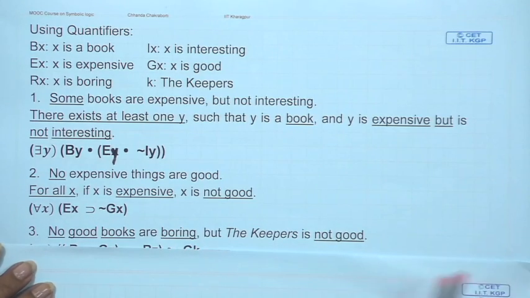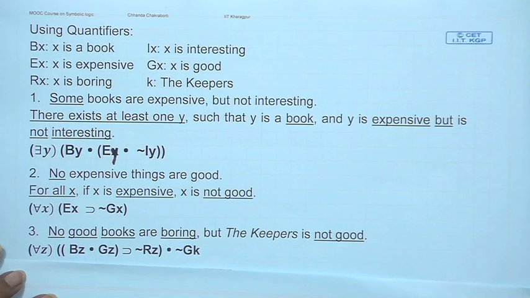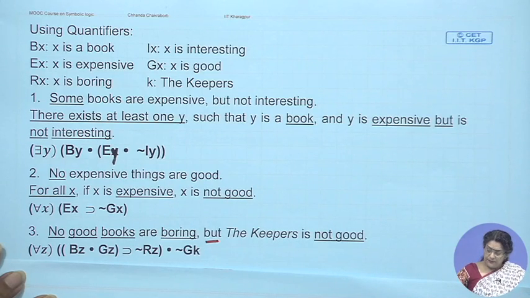Let us do the third one. No good books are boring, but the keepers is not good. Okay. So, no good books are boring, but the keepers is not good. And you can do this paraphrase first. No good books are boring, but there is a but, and then the keepers is not good. So, the translation now looks like this.